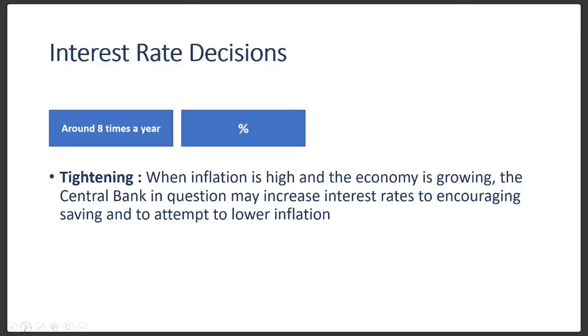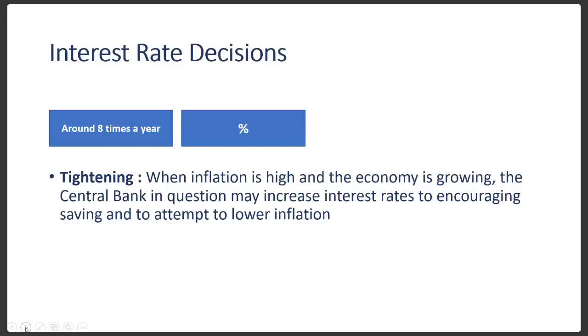The central bank in question may then increase interest rates to encourage saving and attempt to lower inflation. So basically, when the economy is performing really well, the central bank of that country will increase interest rates to encourage us not to necessarily spend so much money, but to start saving money because the economy is performing well.